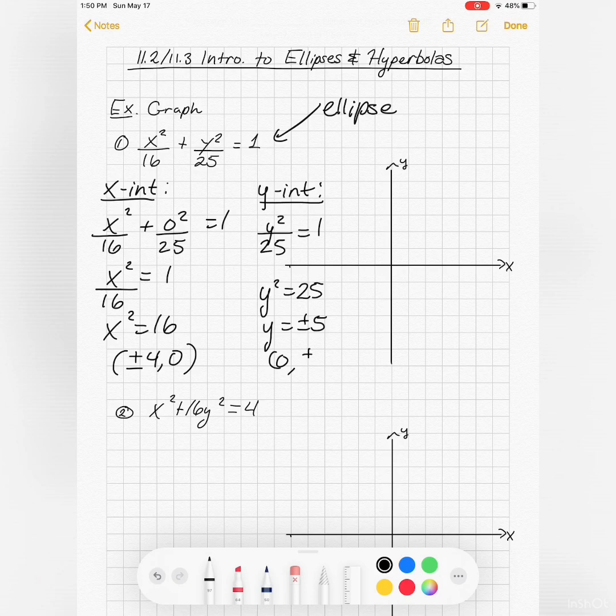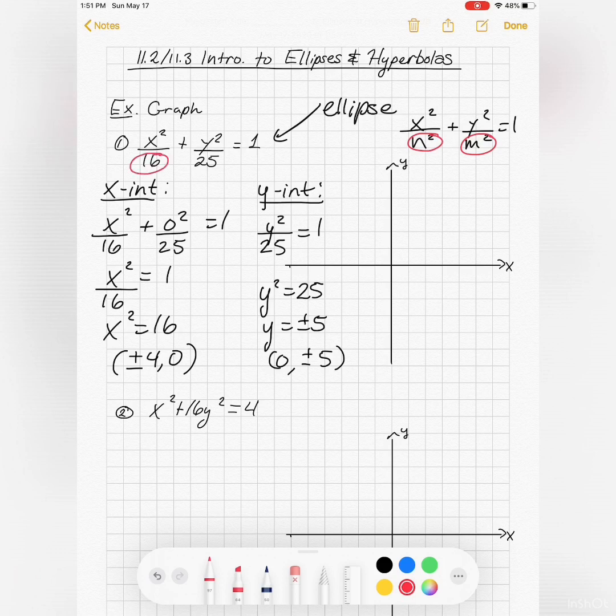So you can kind of see the second option is, well, if this ellipse is written in this nice standard form where I have x squared over some number squared plus y squared over another, I'll use n and m, it doesn't matter, equals 1. I can actually read off the x and y intercepts just looking at the numbers underneath those two squared variables.